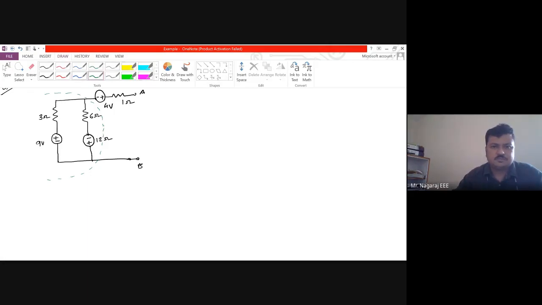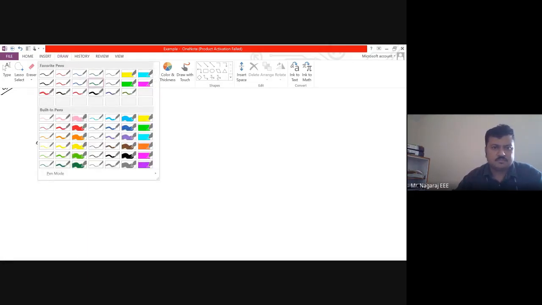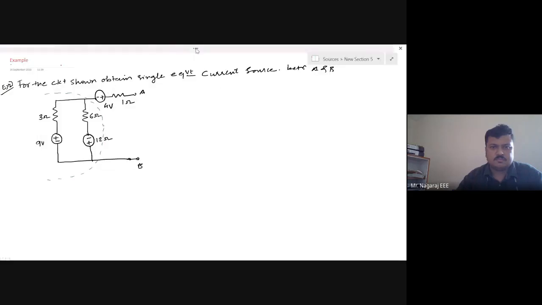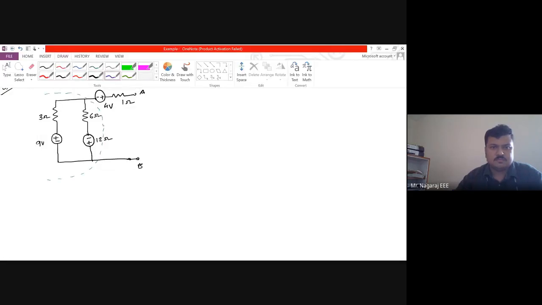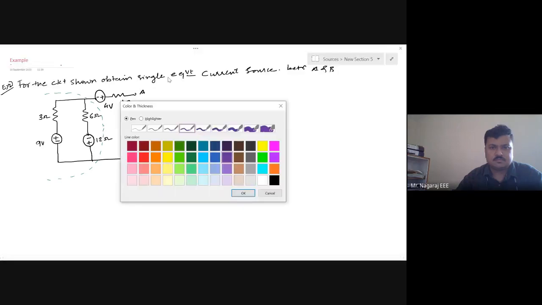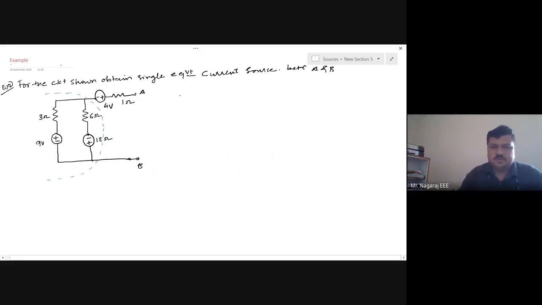Convert. So first, transform 9 volt 3 ohm and 12 volt 6 ohm into current sources.